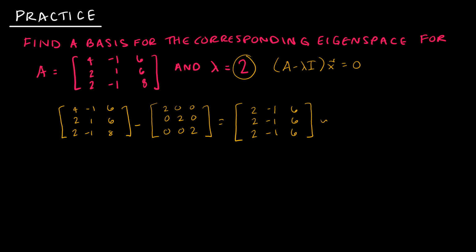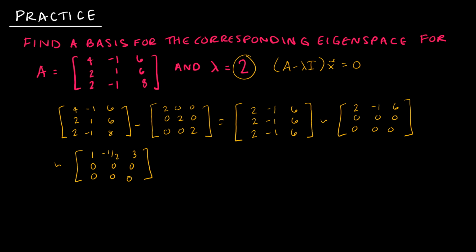Doing row operations, obviously, I end up at 2, -1, 6, 0, 0, 0, 0, 0, 0. And I could continue further to get 1, -1/2, 3, 0, 0, 0, 0, 0, 0.